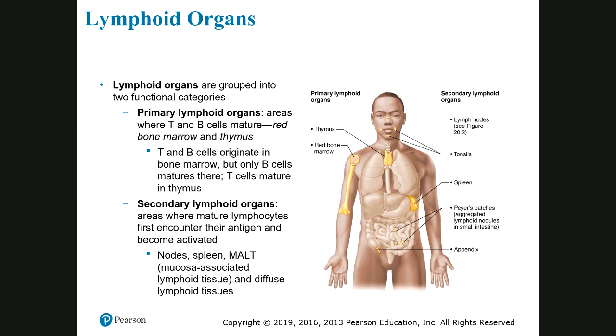And we also have secondary lymphoid organs, the areas where mature lymphocytes first meet their corresponding antigens. You know that an antibody with an antigen makes a sandwich, they interact, so the antibody can kill this antigen.